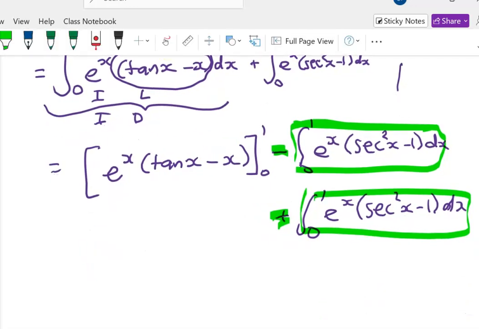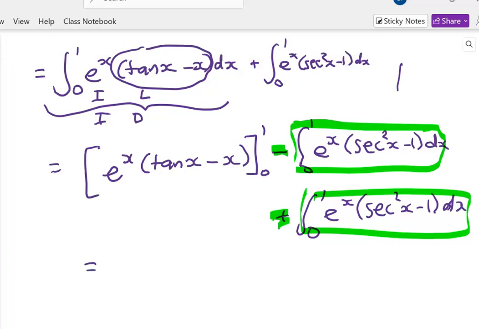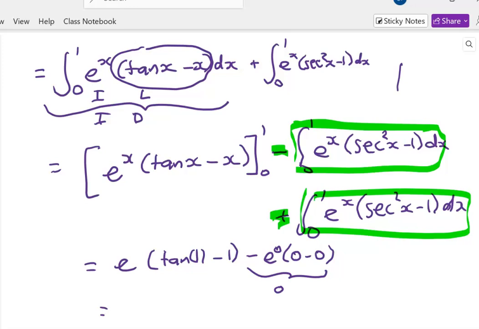And that means that my final answer is a really nice simple e times tan of 1 minus 1 minus e to the 0 times 0 minus 0. So this bit here is 0. So my final answer is e times tan of 1, take away 1.